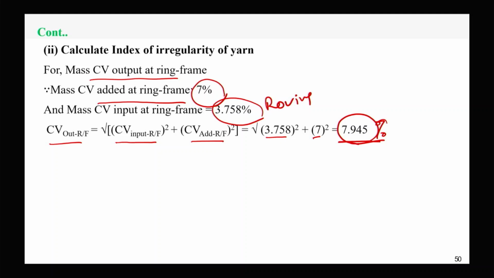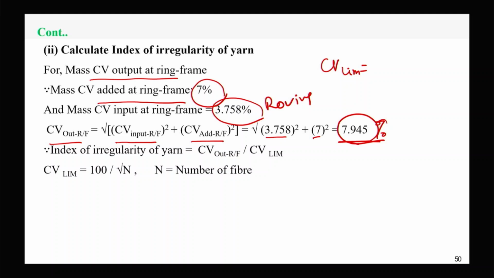and what we have to calculate is the CV limit. If you want to calculate the CV limit, we have to calculate the number of fibers. The number of fibers we have already seen earlier.